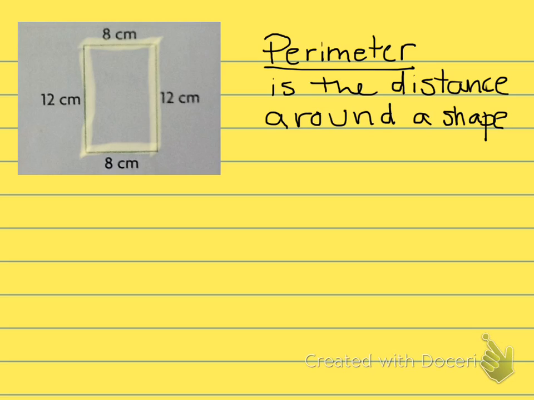So with a rectangle, which is a type of parallelogram, we know that the opposite sides are parallel, which makes them equivalent in length. So we could just simply add all of the sides of the shape, the measures of the sides.